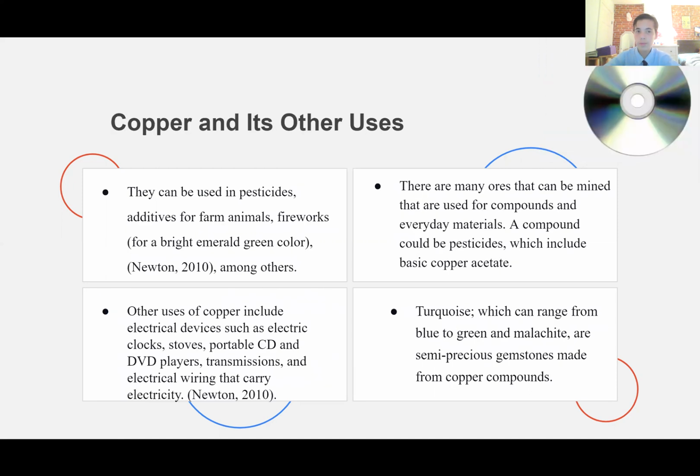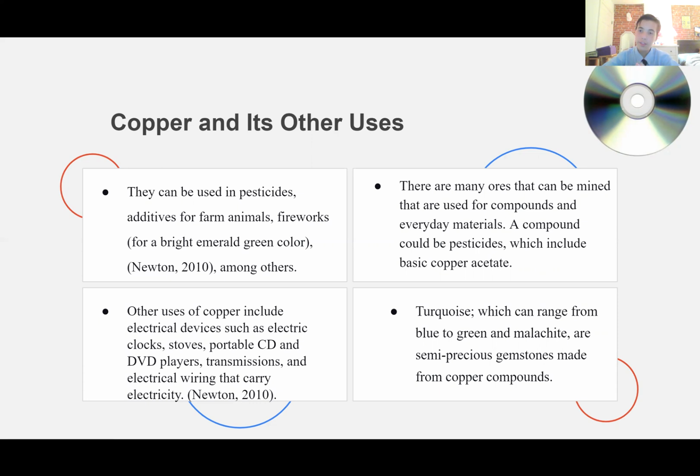Some other uses of copper include pesticides, additives for farm animals, and fireworks for the bright emerald green color, among others. There are many ores that can be mined that are used for compounds and everyday materials. A compound could be used in pesticides, which include basic copper acetate.